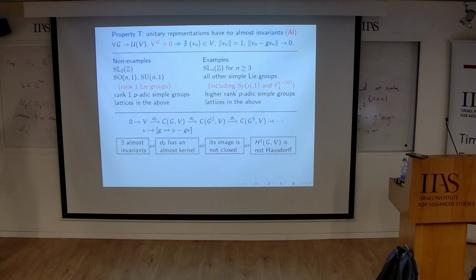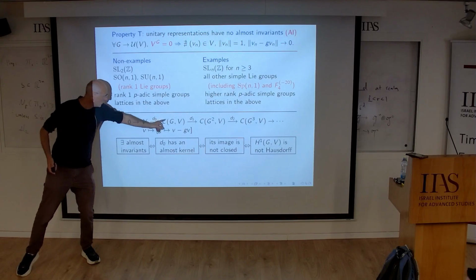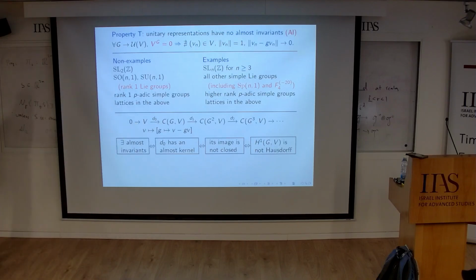And by the open mapping theorem, this means that the image of D0 is not closed. And this is equivalent to saying that H1 is not a Hausdorff space. So H1 is the cocycles, the kernel of D1, modulo the boundaries, the image of D0, and the image of D0 is not closed, so the quotient space will not be a Hausdorff space.